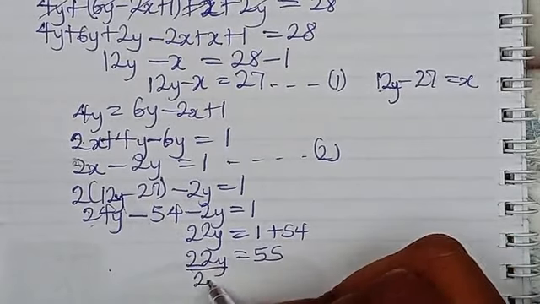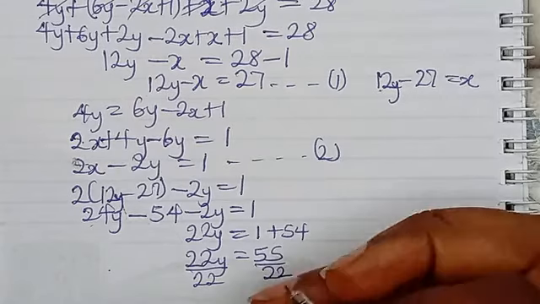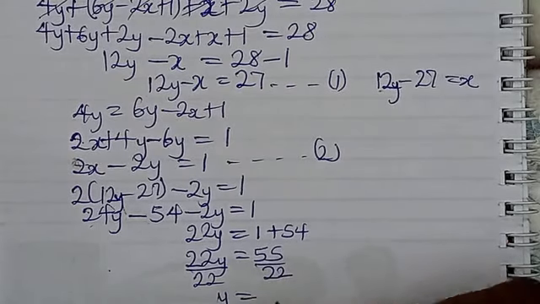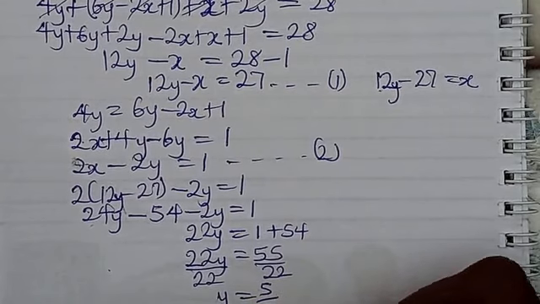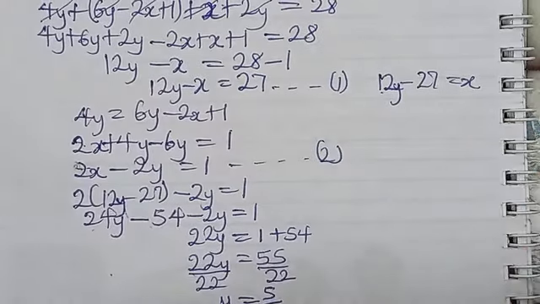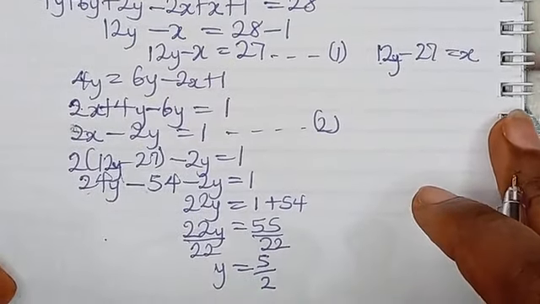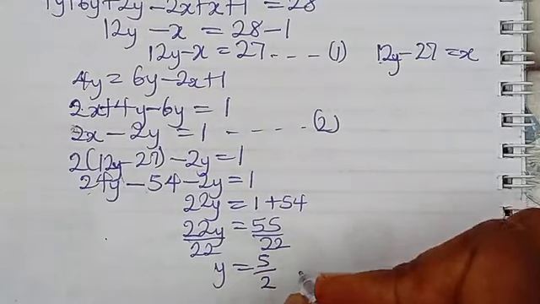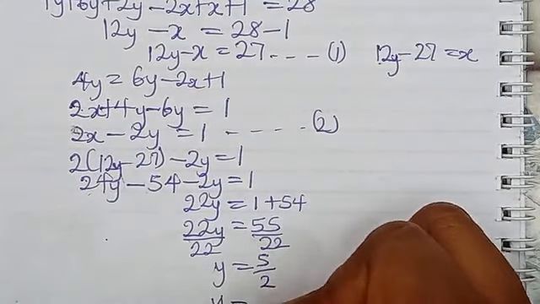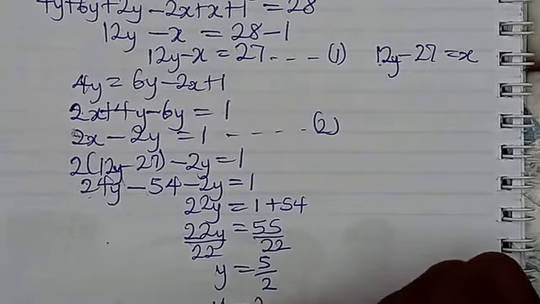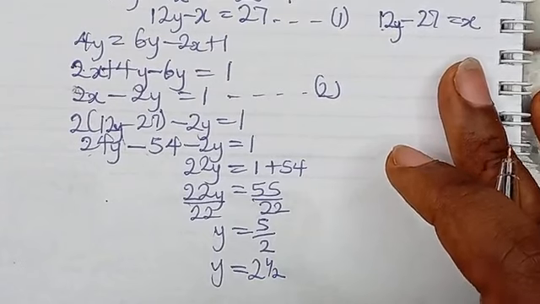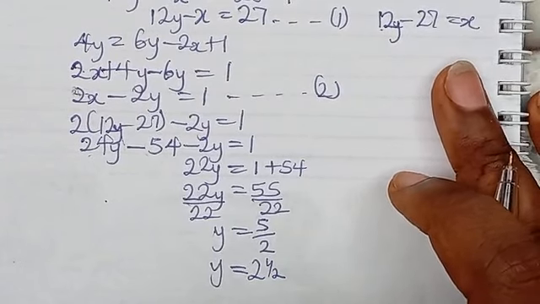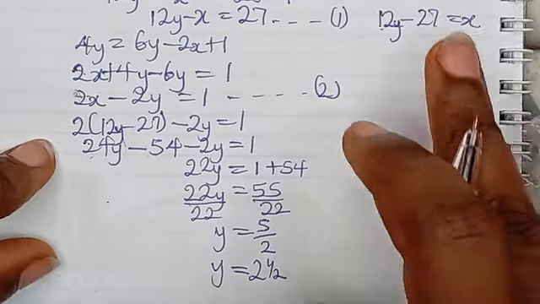And we divide both sides by 22. We are going to have that y is equal to 11 goes here to be 5, goes here to be 2. So y is equal to 5 over 2, which is equal to y is equal to 2.5 cm. Now let's find x. We are going to find x from this relationship.